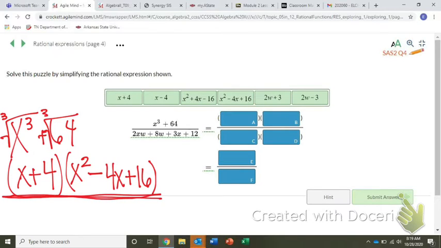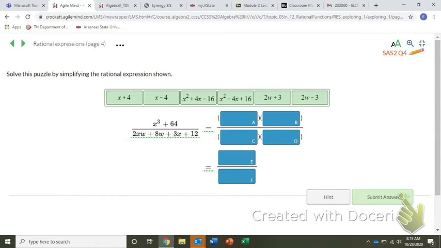Now, on the bottom, let's split them up. Let's see. All right, so I'm going to erase this so we have some room.